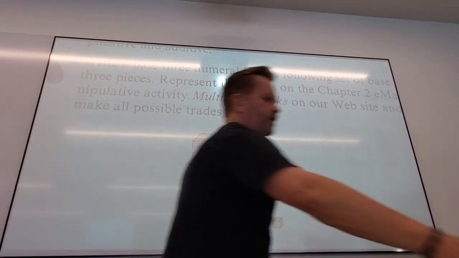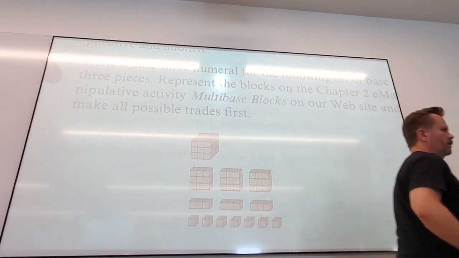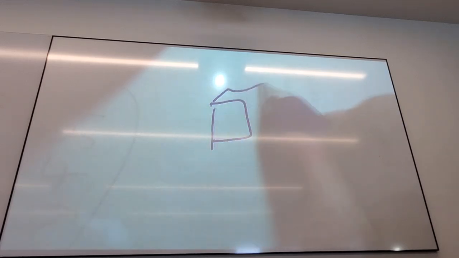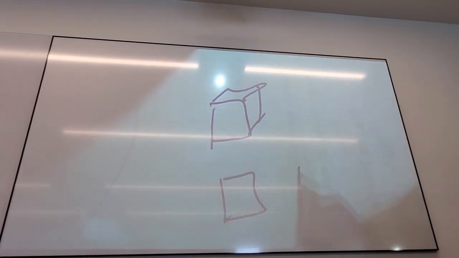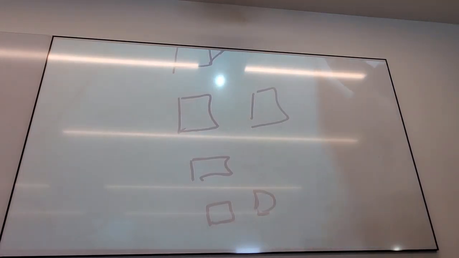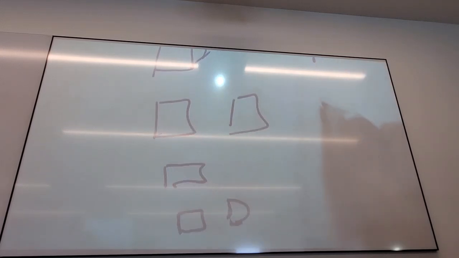So, if I had a valid question from the beginning, like if I asked you what that is in base 3, this would be 1, 2, 1, 2.